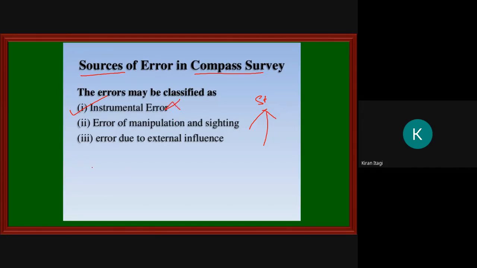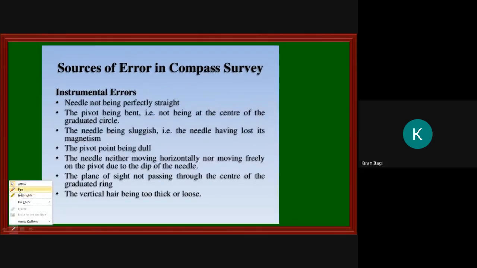This is also one of the errors. Then error in manipulation and sighting. The instrument is correct, but you don't know how to do the sighting and manipulation, how to take the readings. This is also one of the errors. Then error due to external influence, it may be any external influence. So we will see one by one.